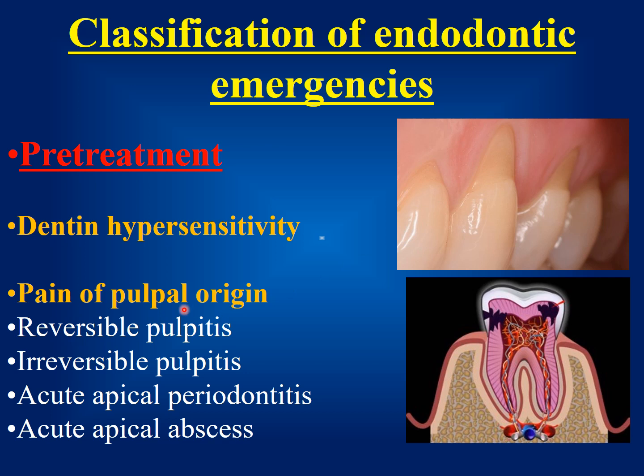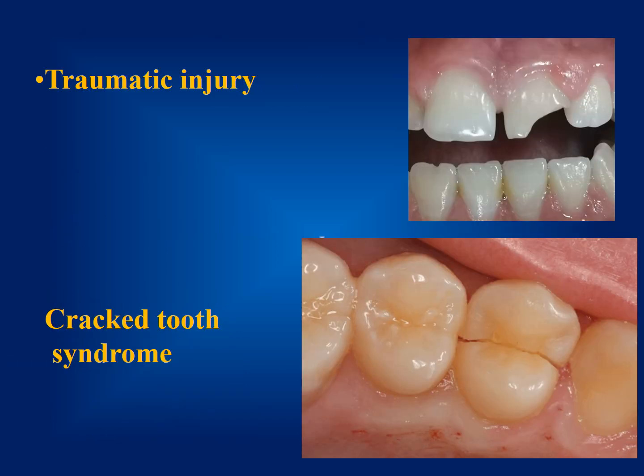Pain of pulpal origin. It may start from simple reversible pulpitis, irreversible pulpitis, acute apical periodontitis. This happens when the infection reaches the periapical area, and when it increases, it may form acute apical abscess. Traumatic injury.